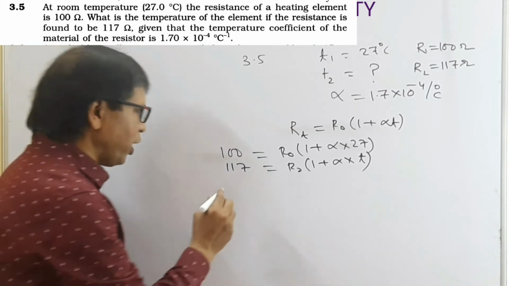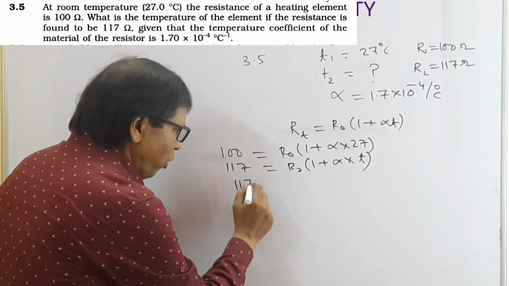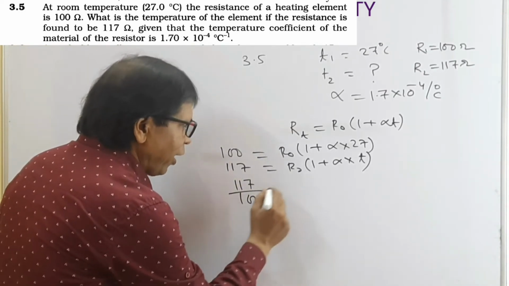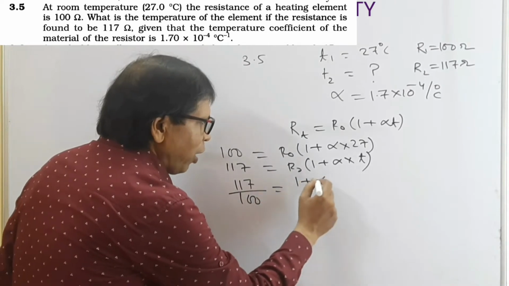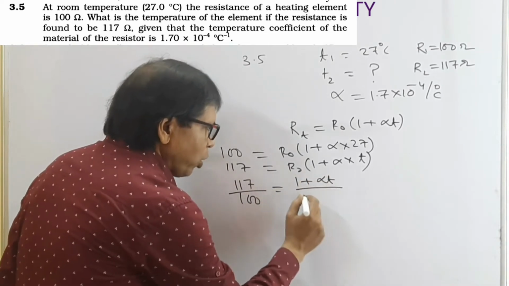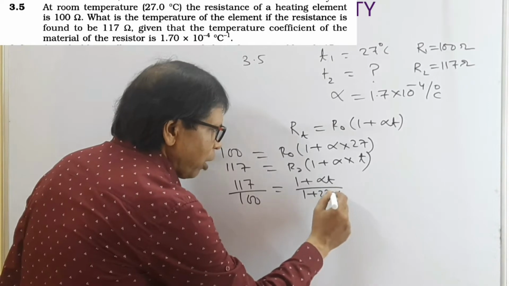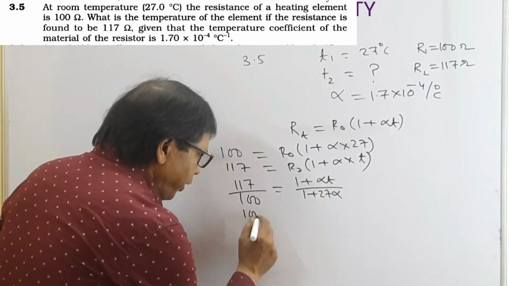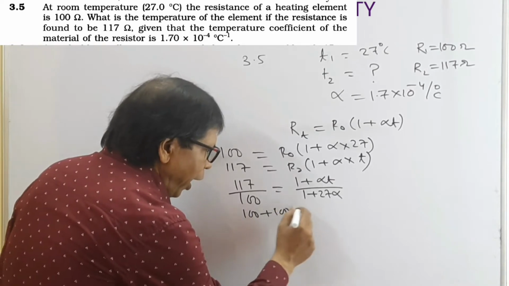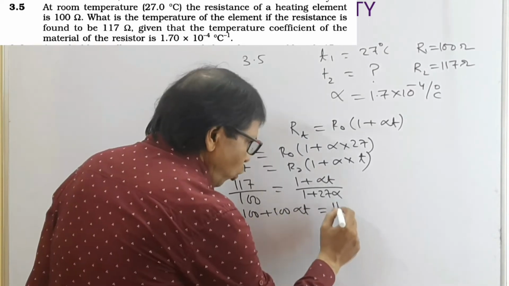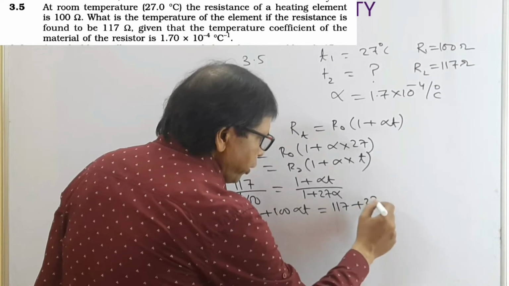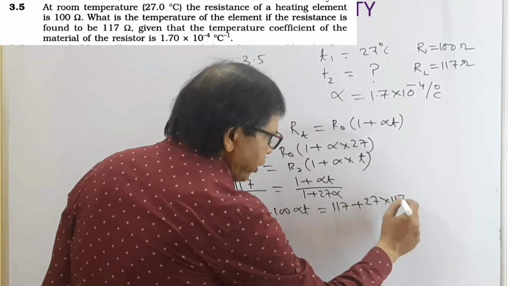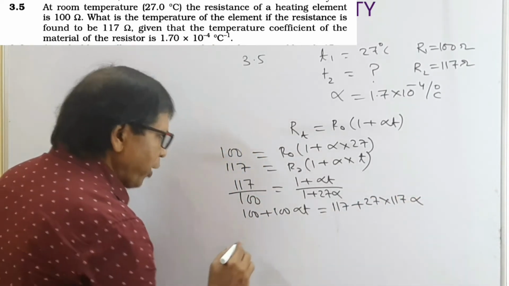Now divide these two relations. So this is 117 divided by 100, and this is 1 plus alpha T divided by 1 plus 27 alpha. Okay, now multiplying this, this is 100 plus 100 alpha T. This is 117 plus 27 into 117 into alpha. Now look at this.